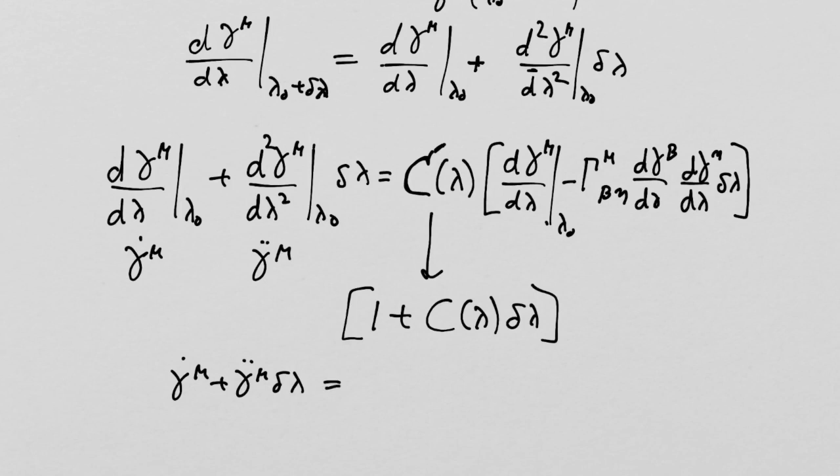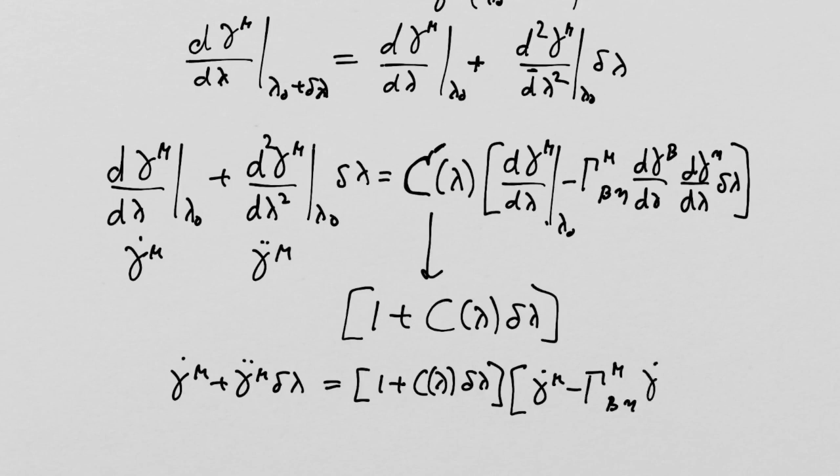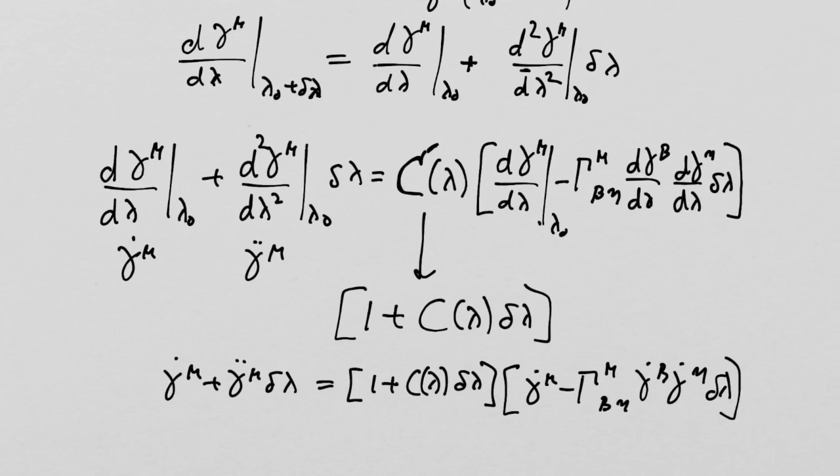That equals 1 plus C of lambda delta lambda. So make a bracket here, and then this is a bracket gamma dot mu minus capital gamma mu beta eta gamma dot eta delta lambda.